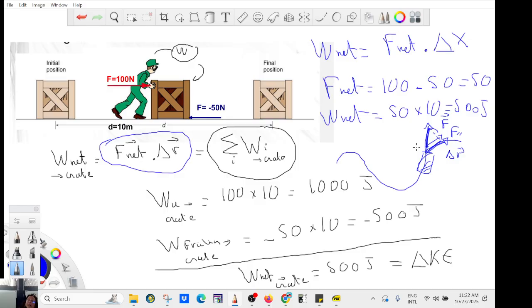Displacement doesn't have to be 1D. Displacement can be 2D. So if displacement is 2D, then you have to work along the x and along the y. If it's moving this way, you want to find the component along that displacement.